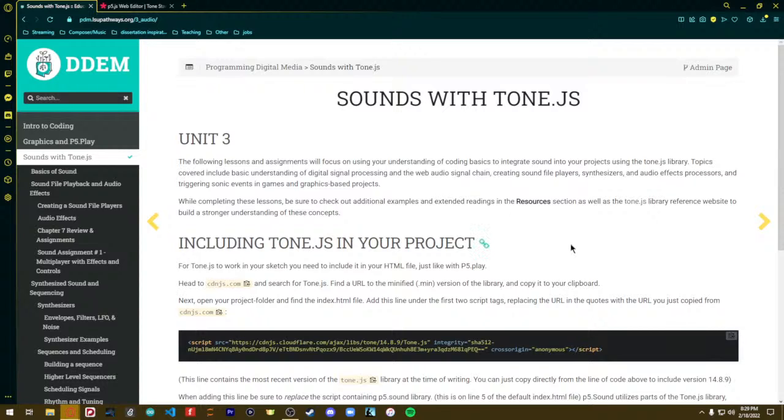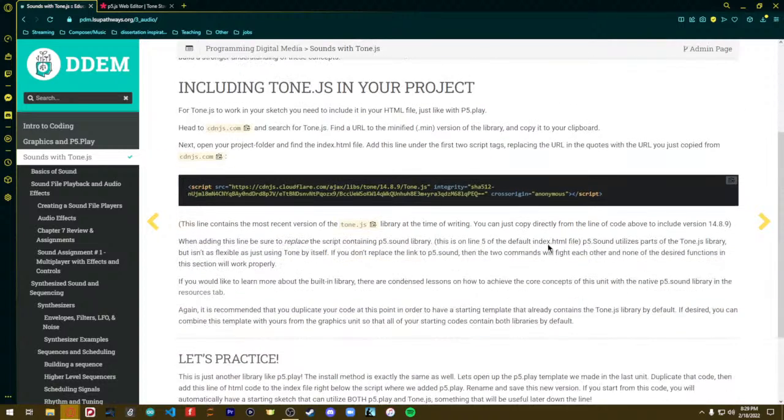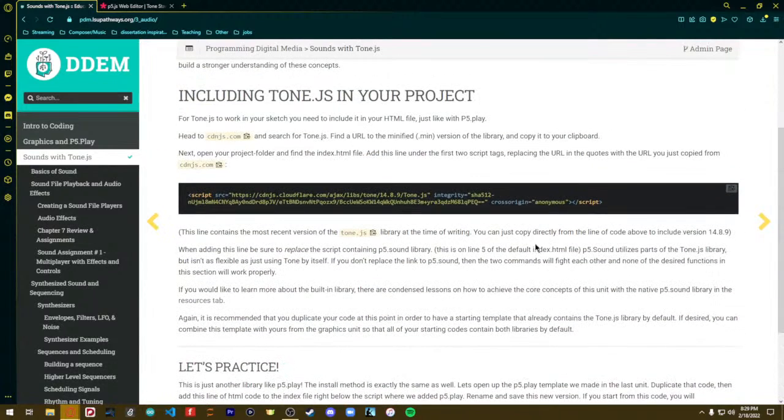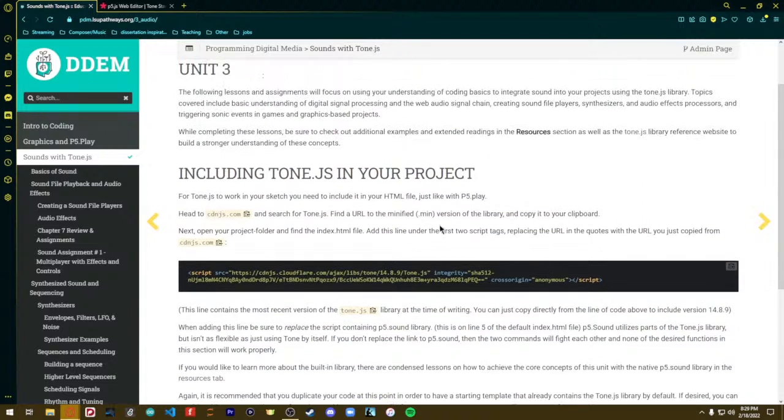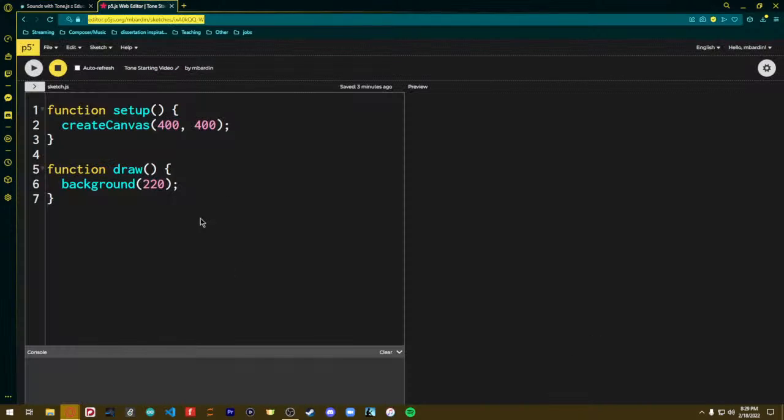If you look in the description of this video, you'll see a link to this page right here. This is the beginning of the Sounds with Tone.js section of this course. This opening page is basically how to include the Tone library in your JavaScript sketch. I may get into some coding here.